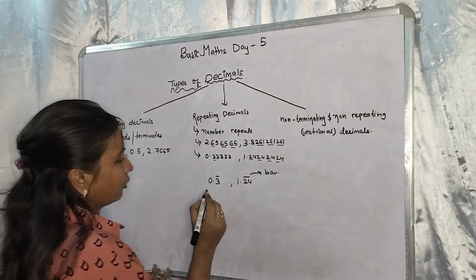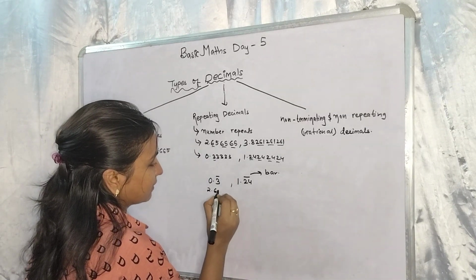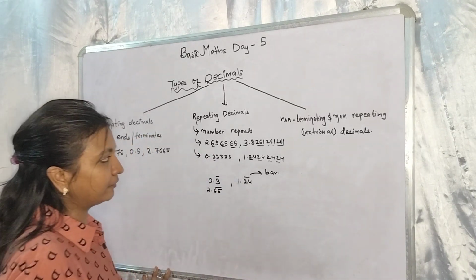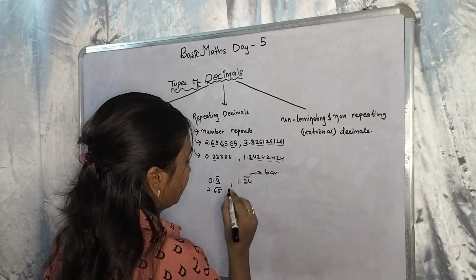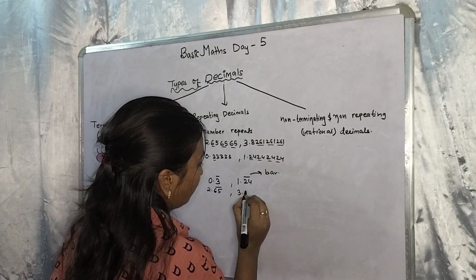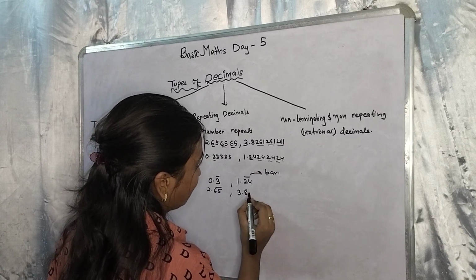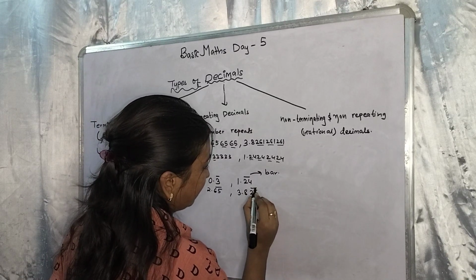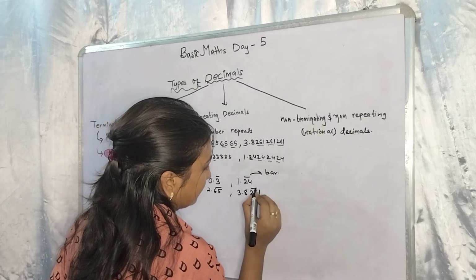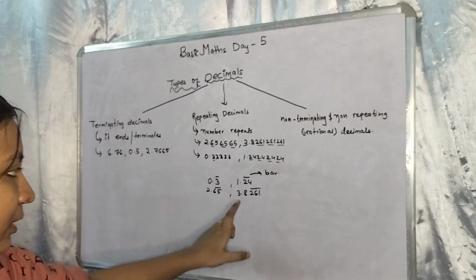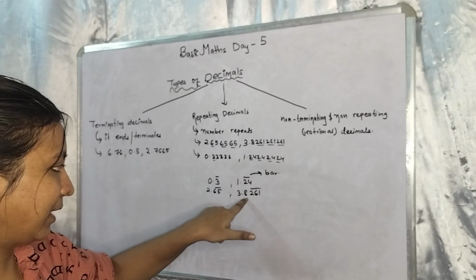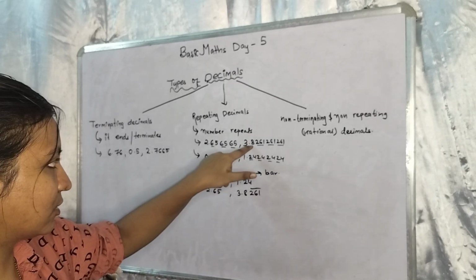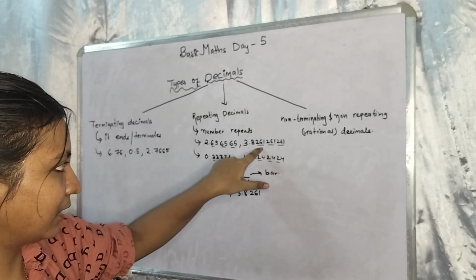Similarly, for 2.656565 you will put a bar on 65, and for 3.826 the bar will be on 261 only. See, 3.8 is not getting repeated, but what is getting repeated?